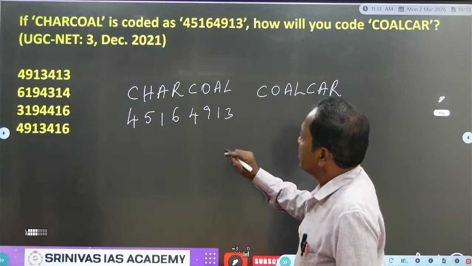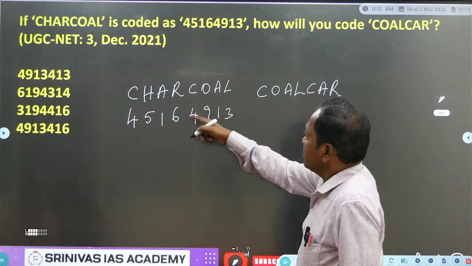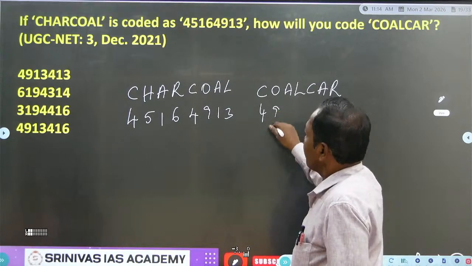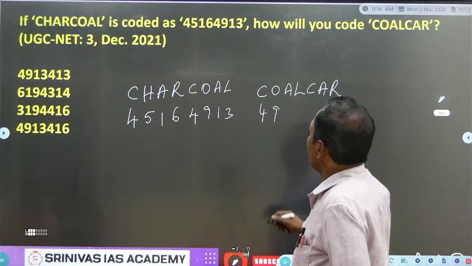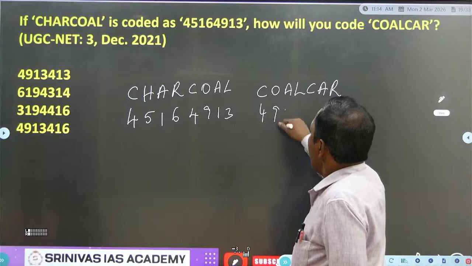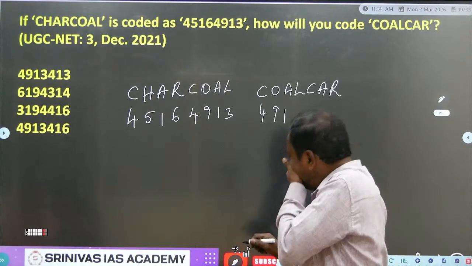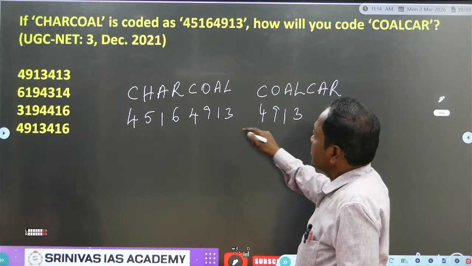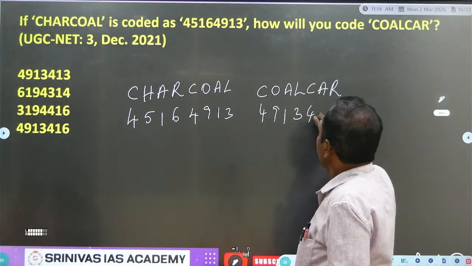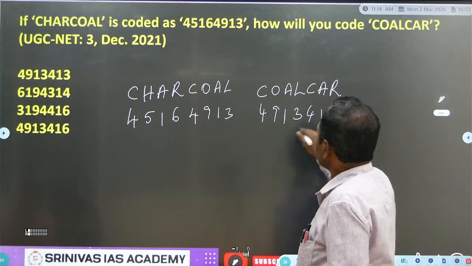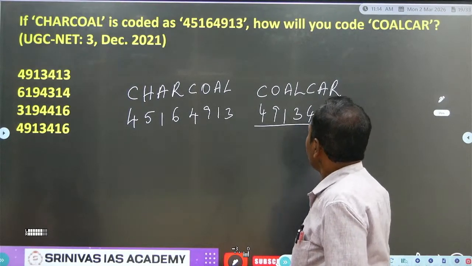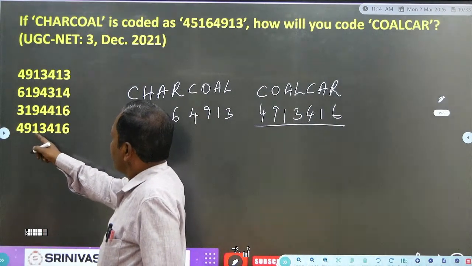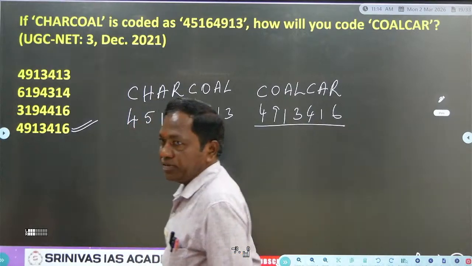All letters are there. Let C be 4 and O be 9, 49, yes, it is there. L is 3, C is 4, A is 1, R is 6 here. 4913416. Right. This is the thing.